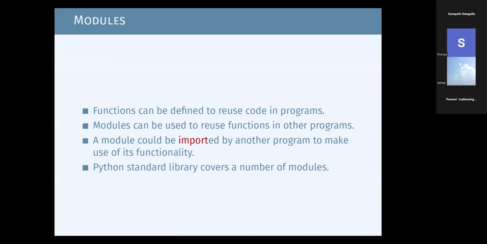Modules in Python. Now we have discussed functions and we created various different functions. We did some examples as well. In this one, we are going to talk about how we can make use of modules.